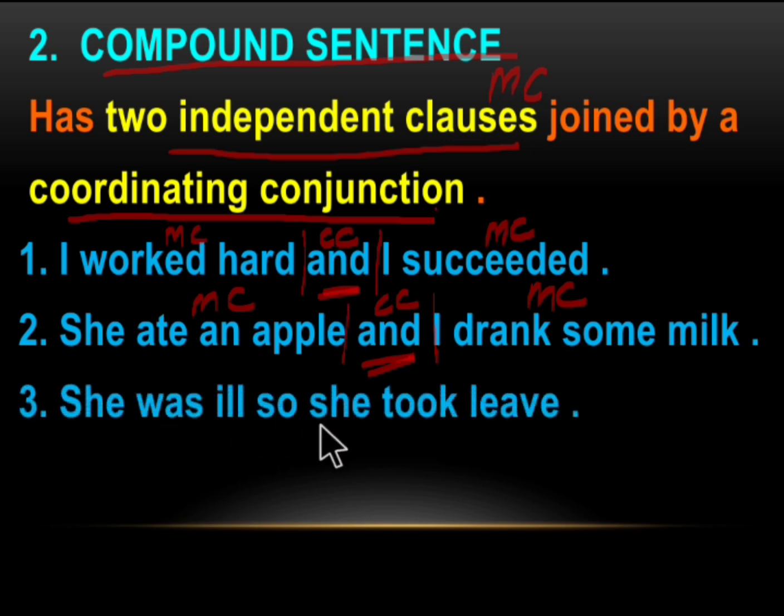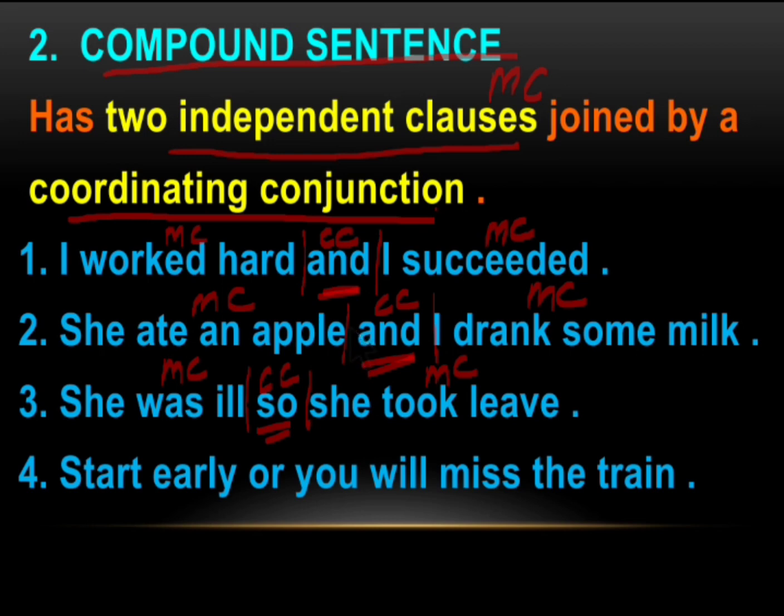She was ill, so she took leave. She was ill. This is a main clause. She took leave. This is another main clause, and so is the coordinating conjunction. The next one, start early or you will miss the train. Start early. This is a meaningful part, so this is the main clause. You will miss the train is again a main clause, and this or is the coordinating conjunction.